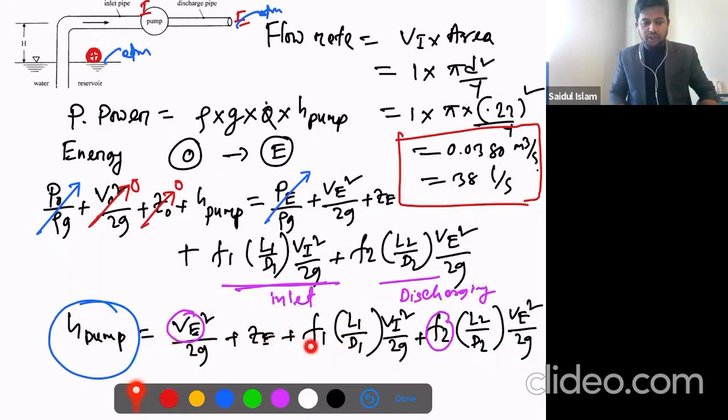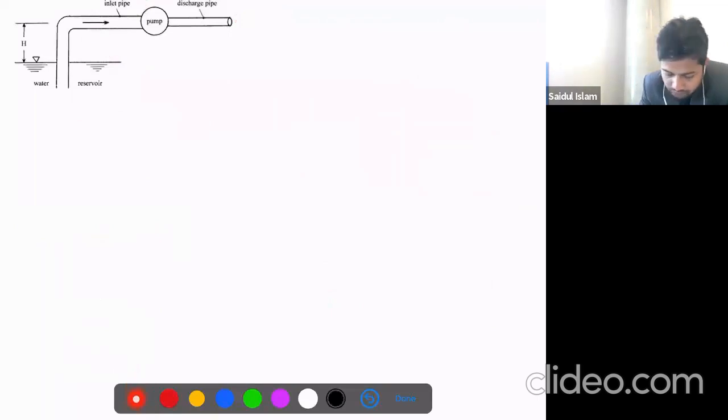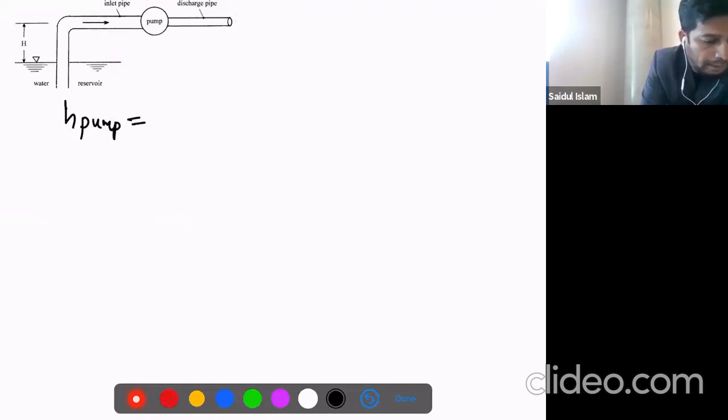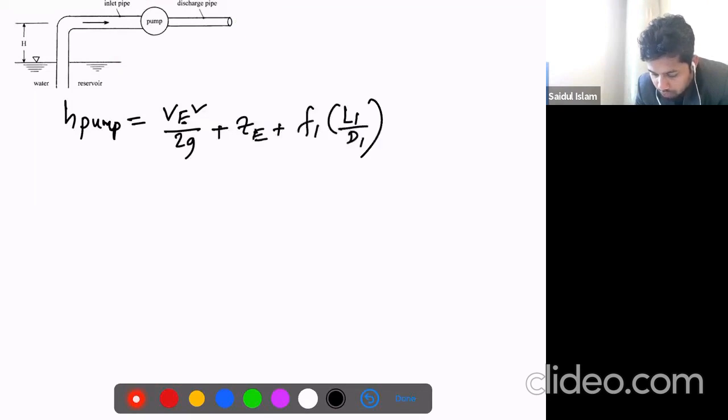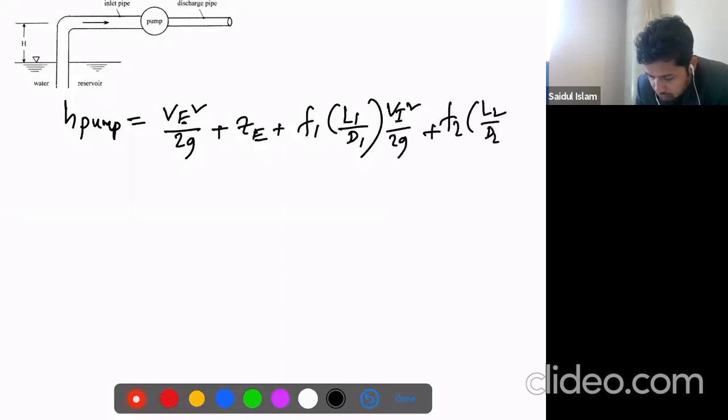We know this pump head expression, so we'll just substitute the values. The pump head is equal to VE squared over 2g, plus ZE, plus f1 L1 over D1 times V1 squared over 2g, plus f2 L2 over D2 times V2 squared over 2g.